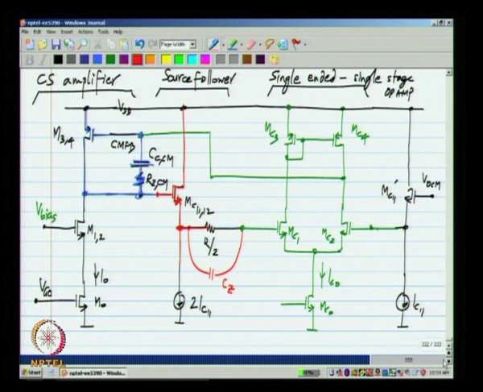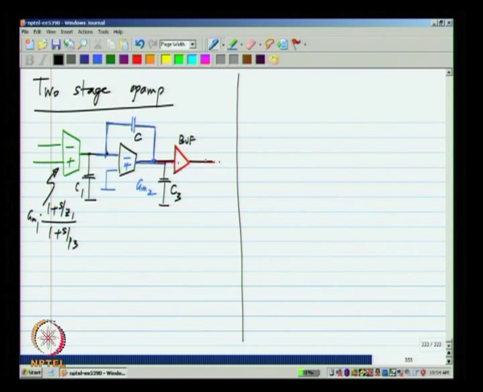In addition to all of this, we also have this in the loop. Okay. So, you see that the loop is completed around this entire thing.